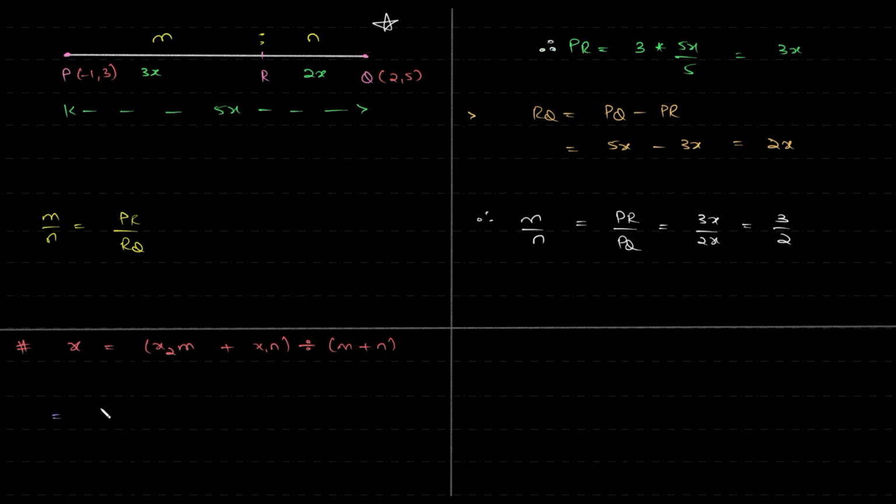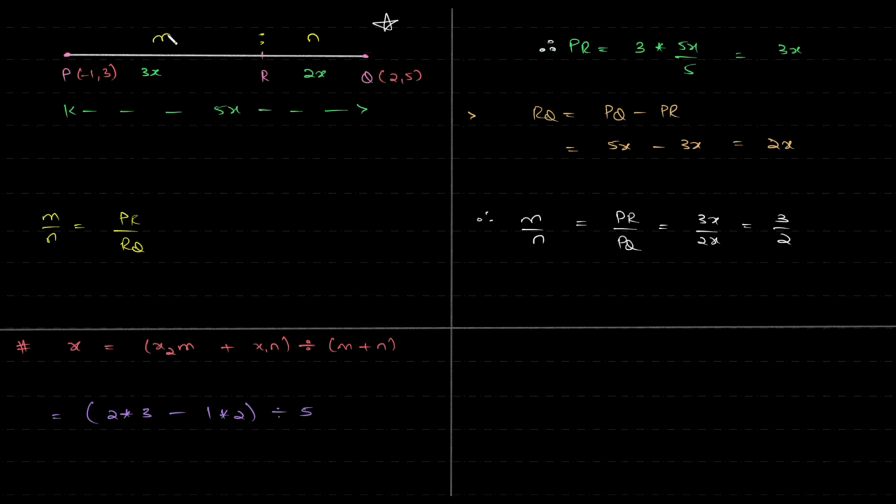So here we have x2 is 2 into m being 3, plus x1 is minus 1 and n being 2, into 2 divided by 5.